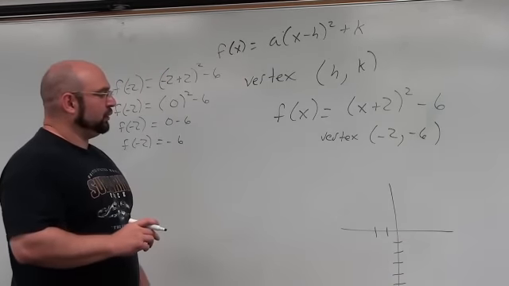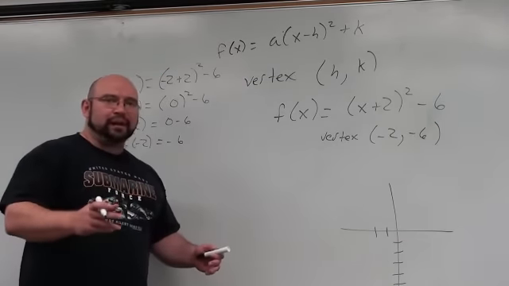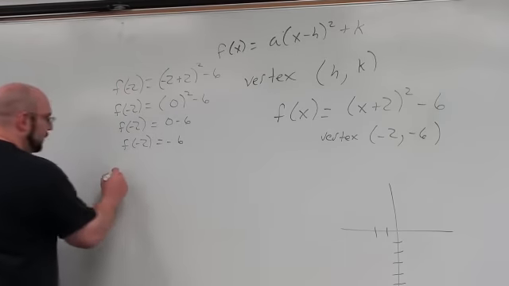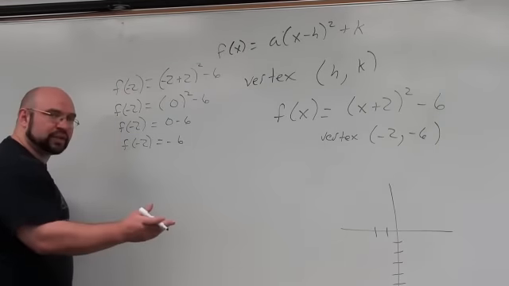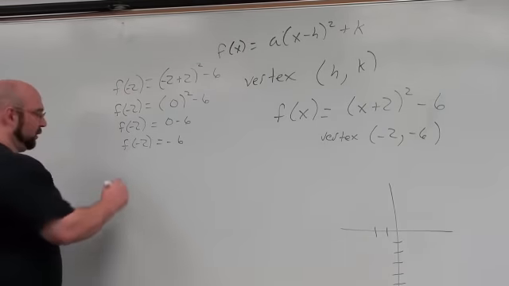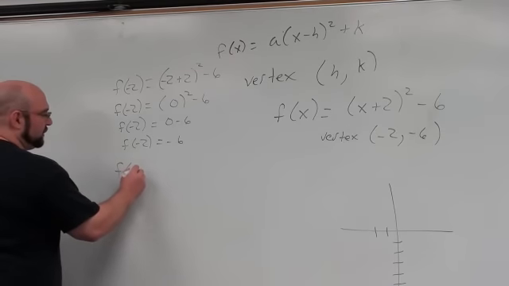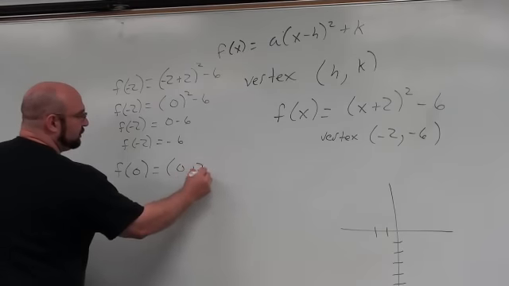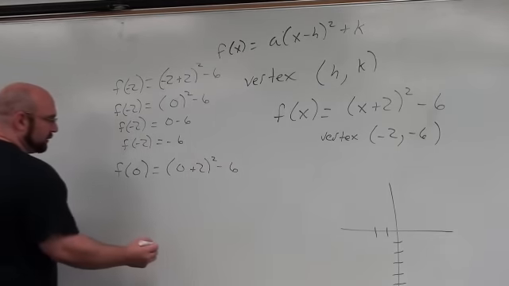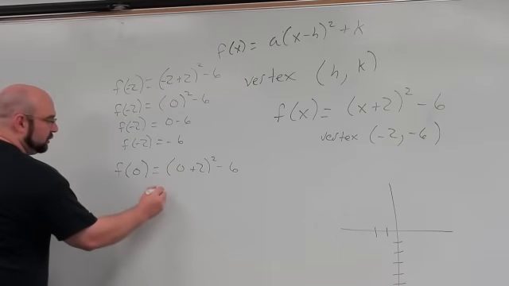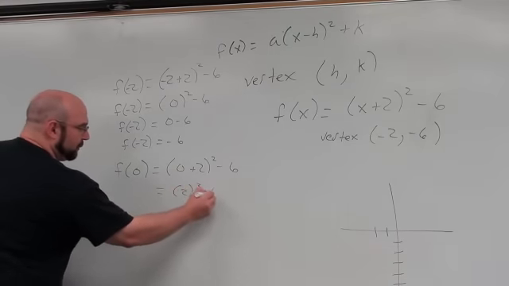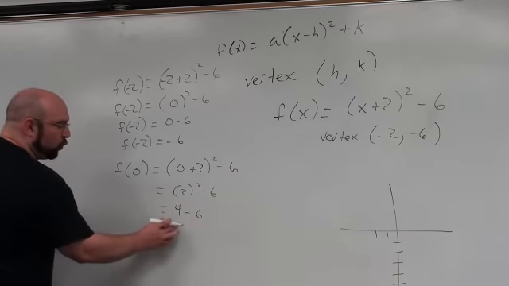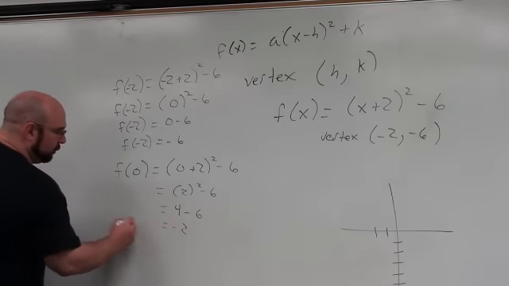What I want to do is talk about a y-intercept. To get a y-intercept, I know that for every y-intercept, my x is 0. So f(0) = (0 + 2)^2 - 6. 0 plus 2 is 2, 2 squared is 4, 4 minus 6 is -2.